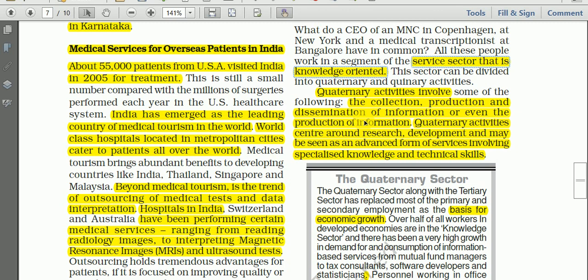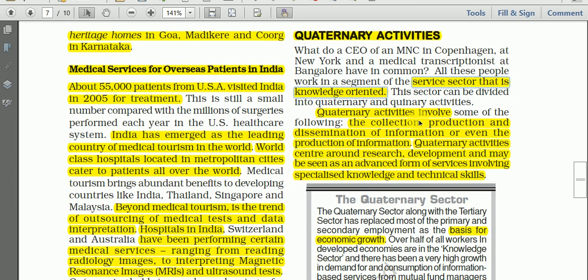So now let us try to find out important characteristics of quaternary activities. The first important characteristic is here. Quaternary activities involve the collection, production, and dissemination of information, or even production of information.